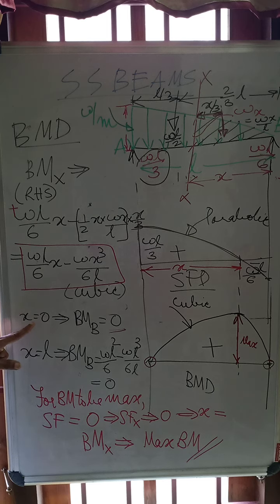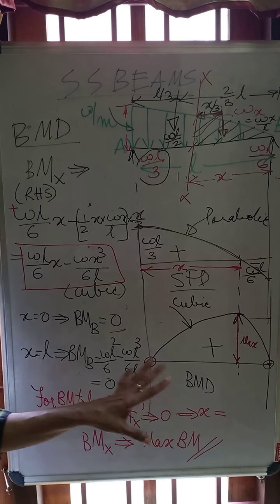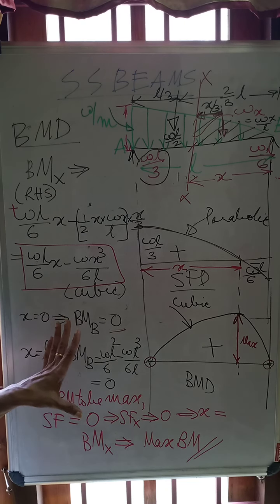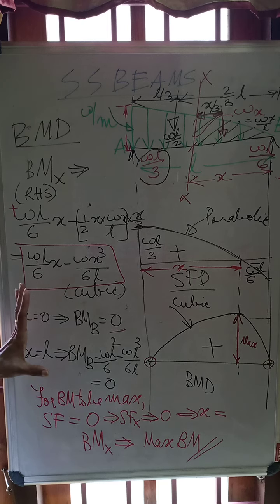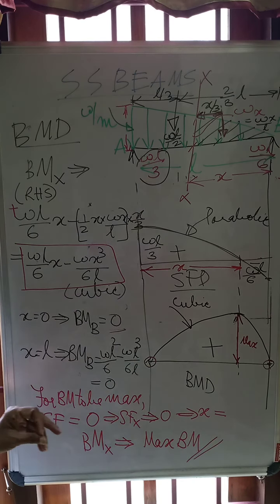Now you substitute the limits X equal to 0 and X equal to L. You get the corresponding values as 0. So you get this as 0, this as 0. But that won't give you the correct picture of the bending moment diagram. So in order to get the correct picture, you have to find out where this maximum value is coming. For that, I am using the relationship connecting bending moment, shear force and rate of loading.